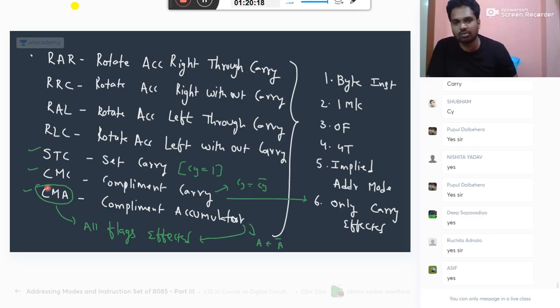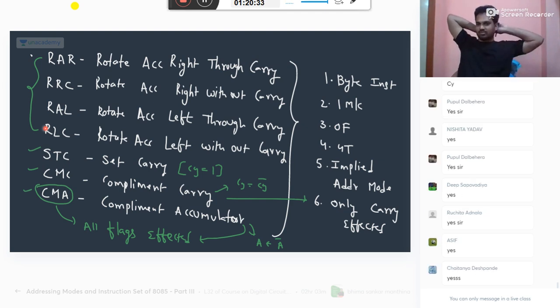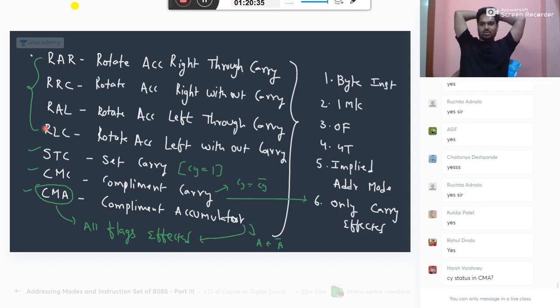Once we do the problems, you will understand that you need not remember the things; automatically it will be in your memory. You will feel that it is already in your memory. Okay, let me draw these rotate operations.